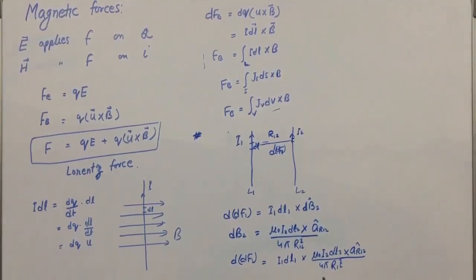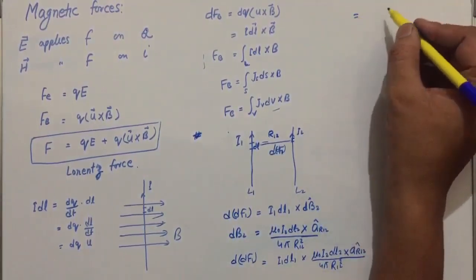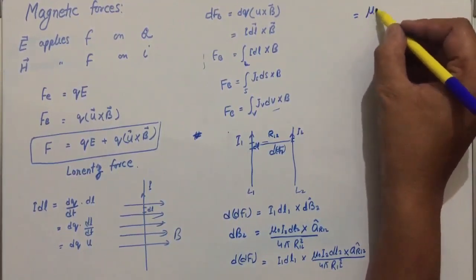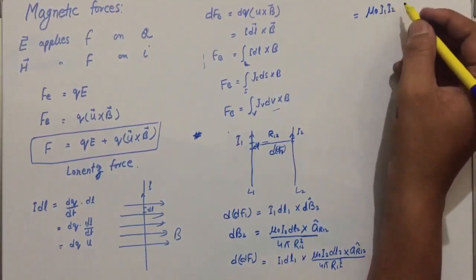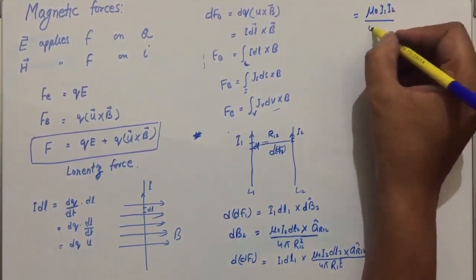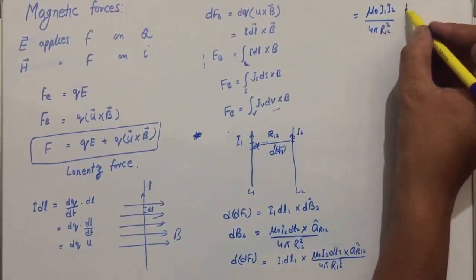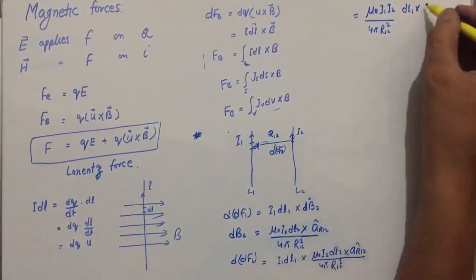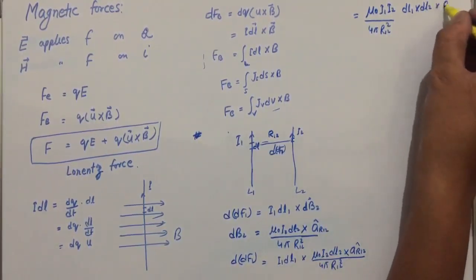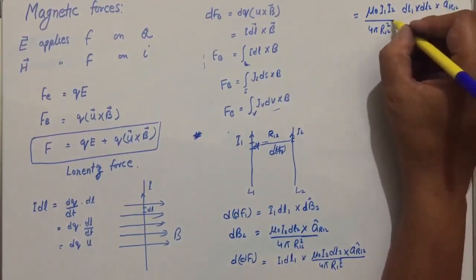If we simplify this, we can say mu naught I1 I2 divided by 4 pi r12 square, dl1 cross dl2 cross a r12.